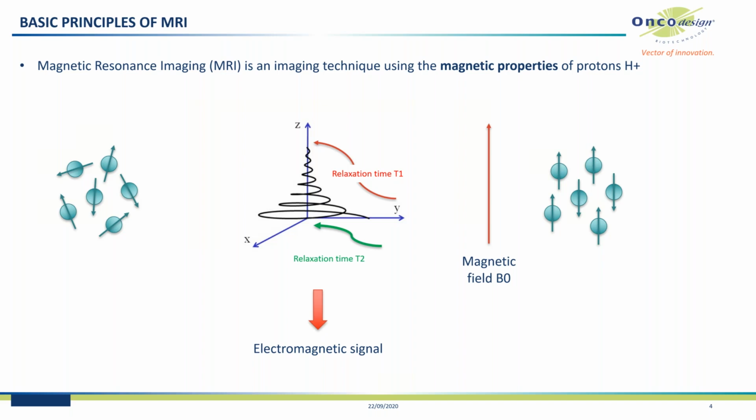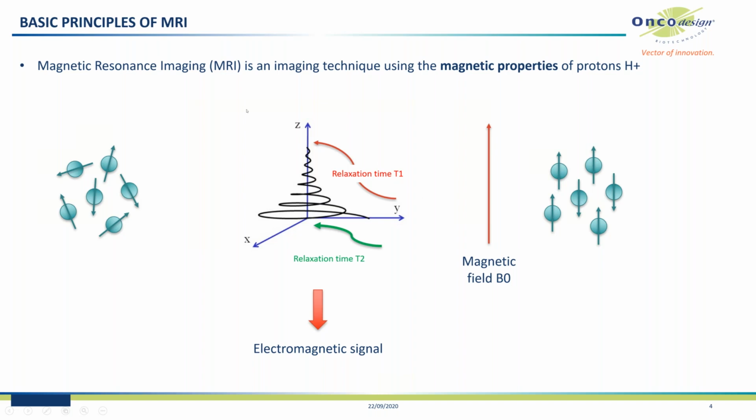and how the contrast comes from. Magnetic resonance imaging is based on the magnetic properties of protons. Each proton has its own magnetic moment, and when you put these protons into a high magnetic field, they will tend to align along this magnetic field.